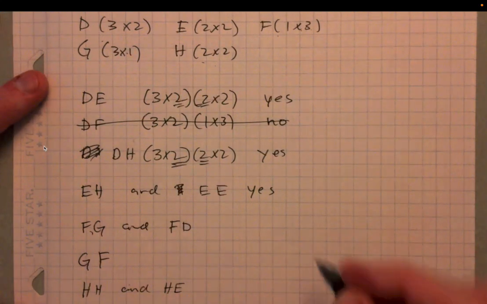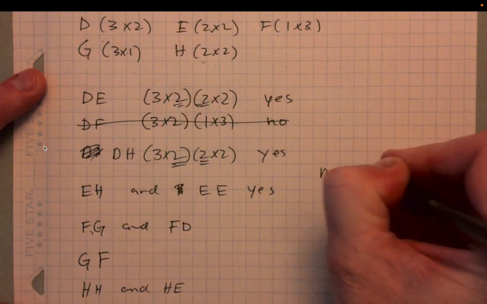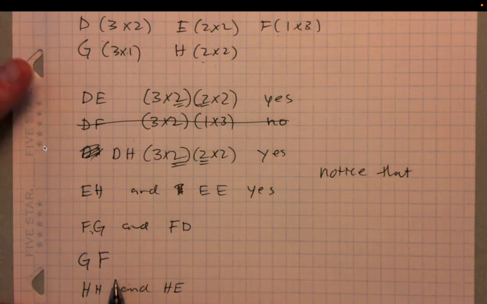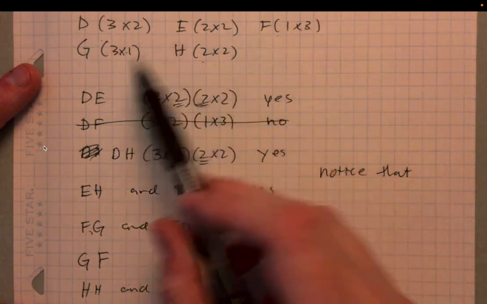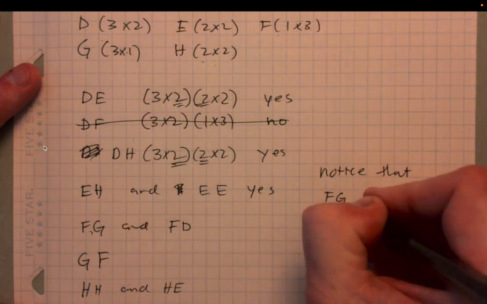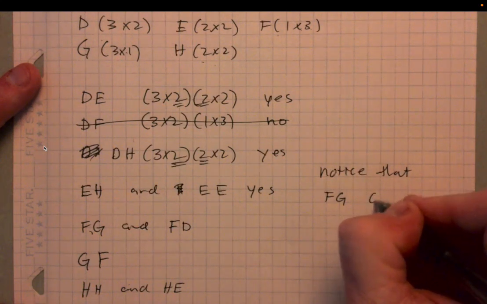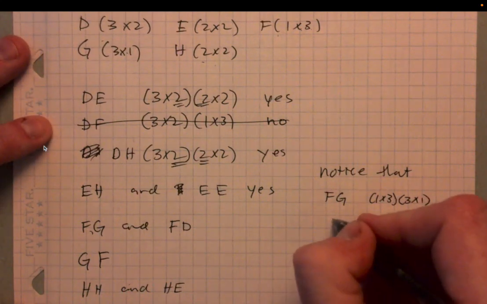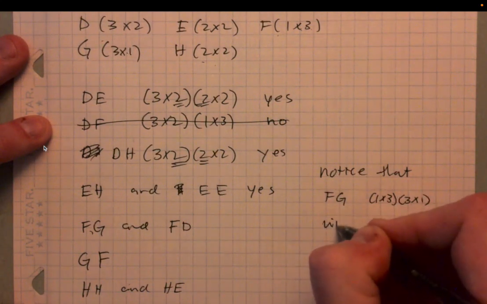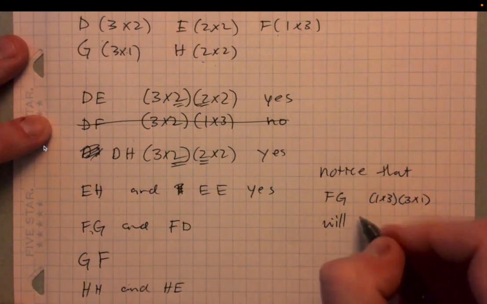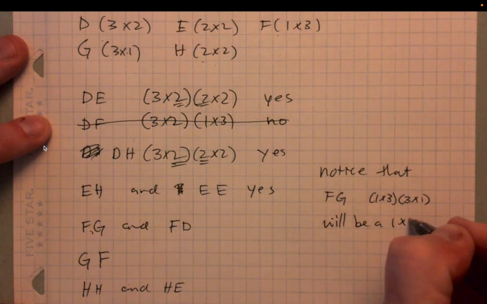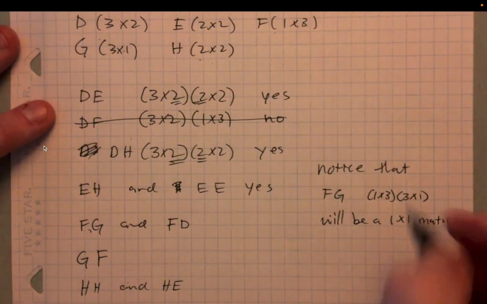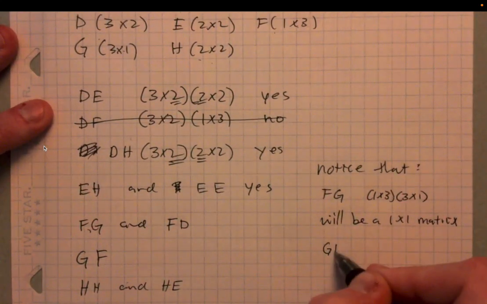Now notice something here. Notice that if I take F times G, so that's a 1 by 3 multiplied against the 3 by 1. Then FG is going to be 1 by 1. And so FG will be a 1 by 1 matrix. What about GF?